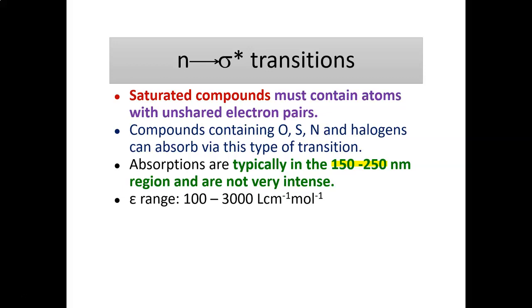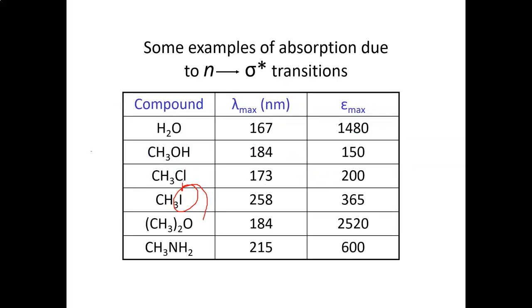The molar absorptivity value is not very important. Another point is whether the peak is intense or not. For example, n to sigma star is not very intense. Examples of n to sigma star transition are between 150 to 250 nanometer.